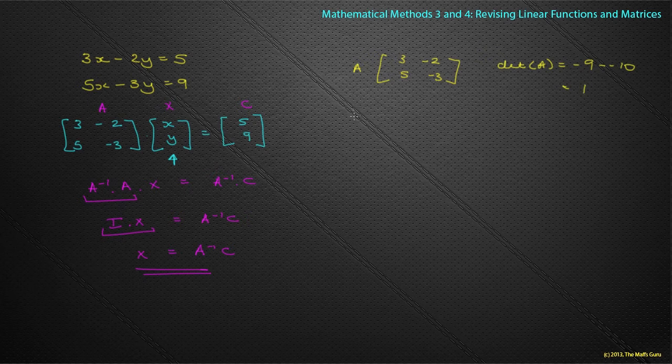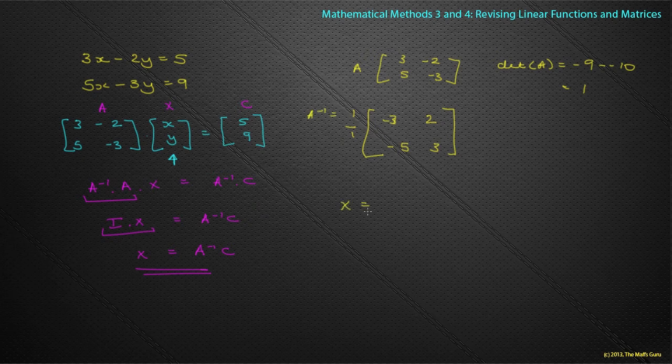So we would then have our fraction in front, our inverse would be 1 over 1, and I'm just going to write it in there for completeness. We swap these two corners, so the -3 goes there, and the 3 goes there, and we change the signs. So -2 becomes +2, and that becomes -5. So there we go. So that is now our A to the minus 1.